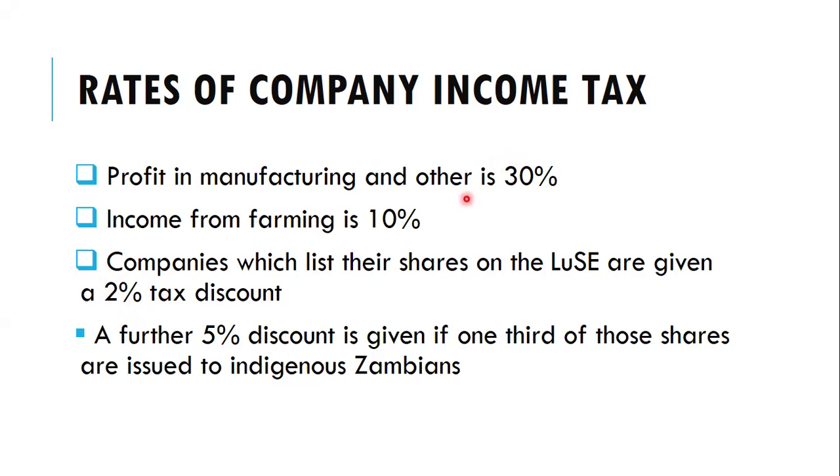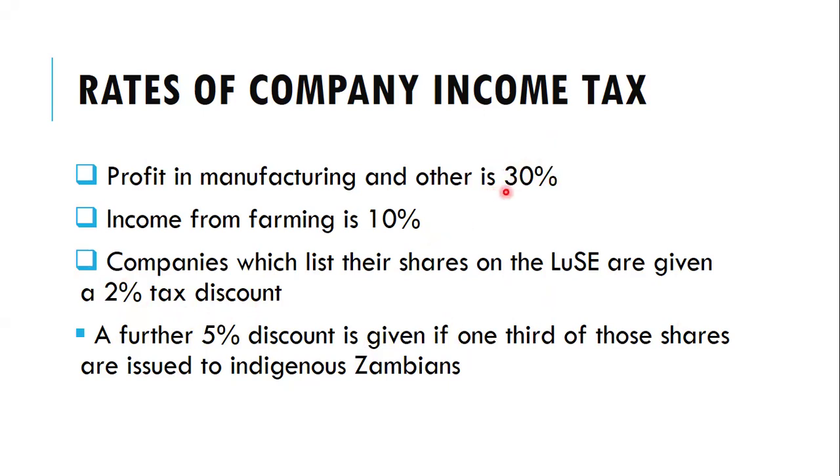That's all, right? Then a further 5% discount is given if 1/3 of the shares are issued to indigenous Zambians. So you've got 2% plus 5%, less from 30%.